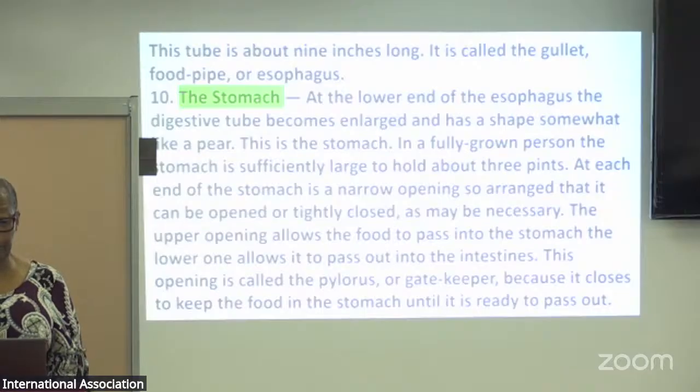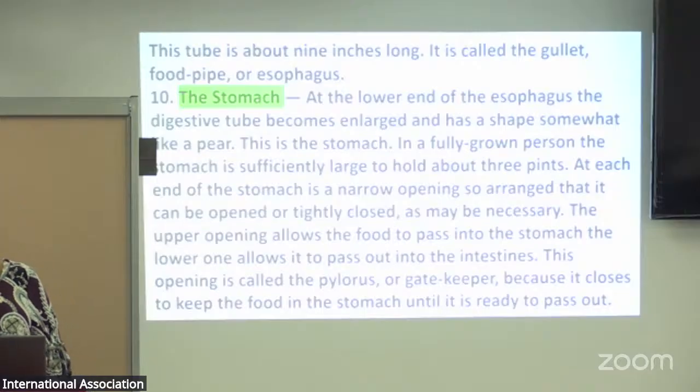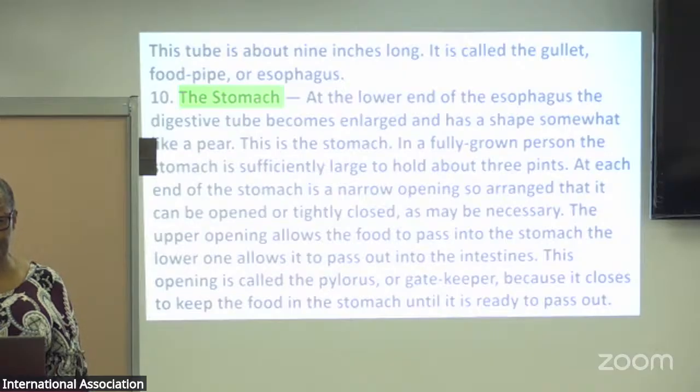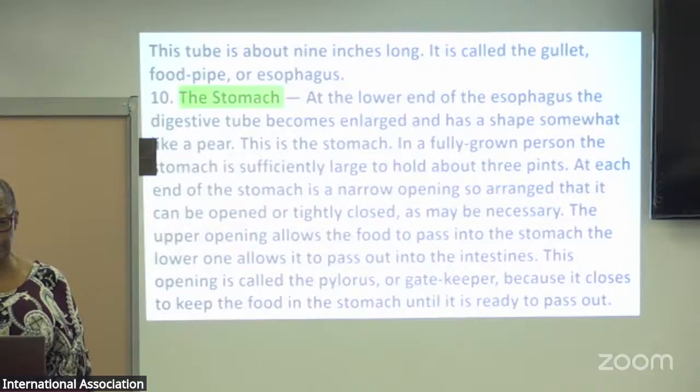Then we get to the stomach. At the lower end of the esophagus, the digestive tube becomes enlarged and has a shape somewhat like a pear. This is the stomach. In a fully grown person, the stomach is large enough to hold about 3 pints.